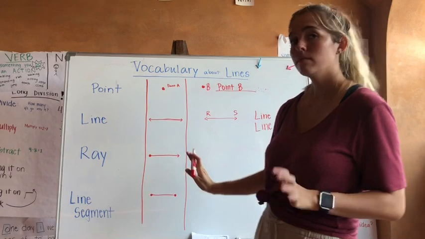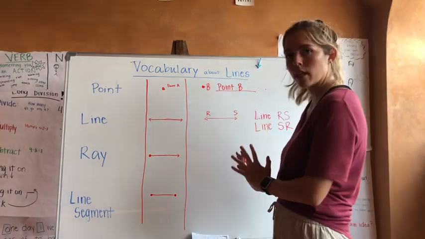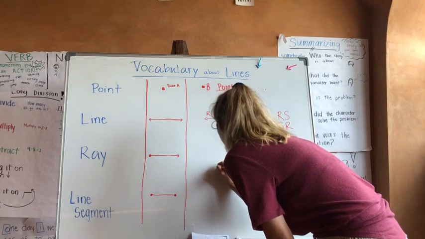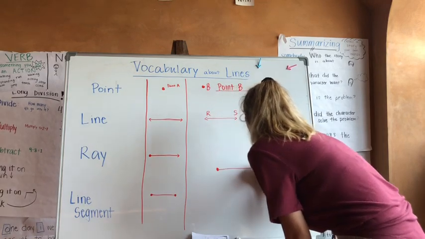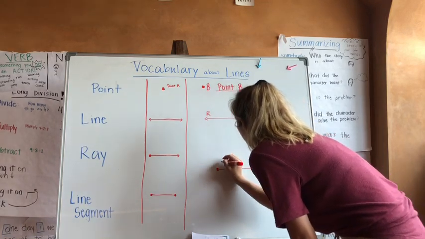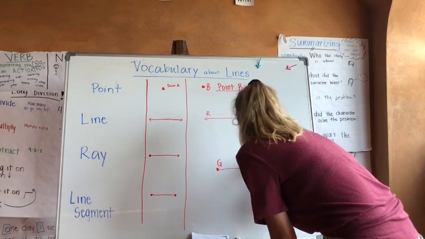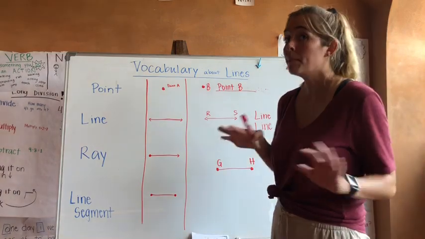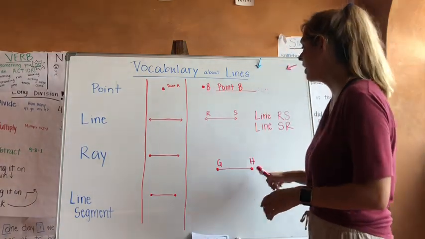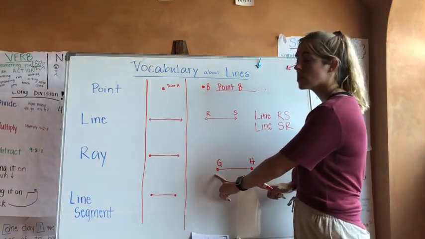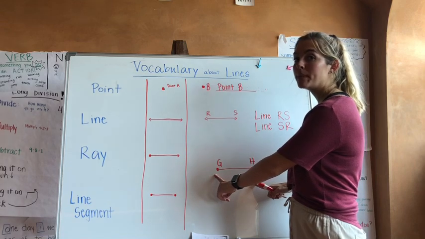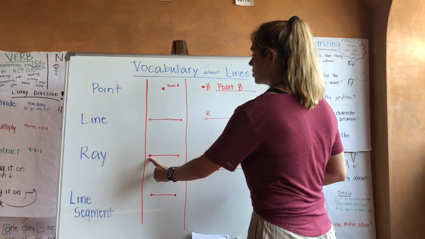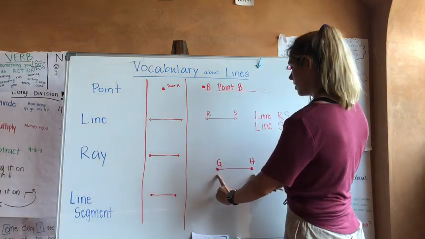Okay, I'm going to draw something on the board and I want you to help me figure out what it is. Okay, I drew something on the board. I don't think it's a line because I didn't draw any arrows. What would it be? Would it be a ray? Does it have a point and an arrow?